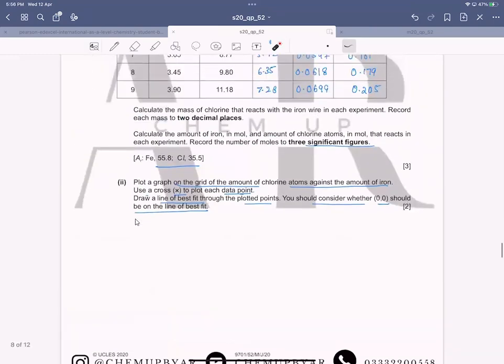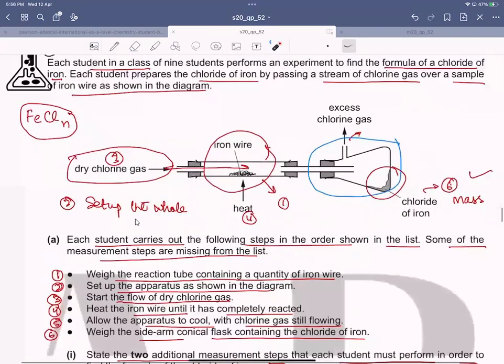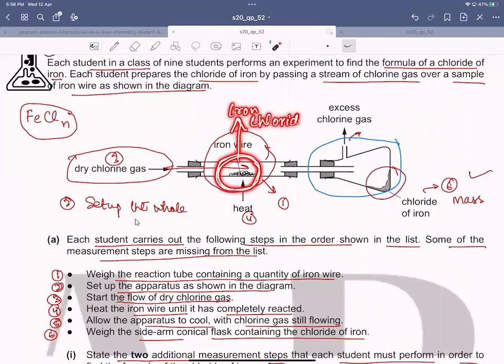And if you see the experiment again, as the chlorine gas passes over iron and that iron is heated, the iron chloride is formed over here. Is this point clear? Yes, sir. Okay.